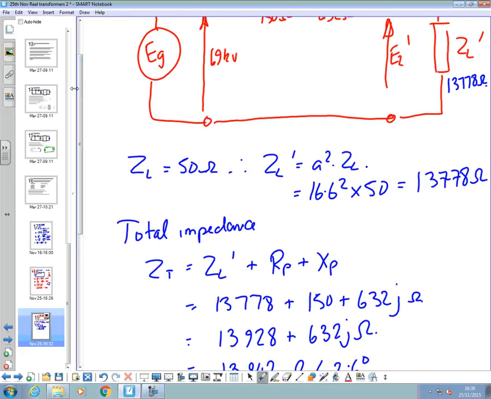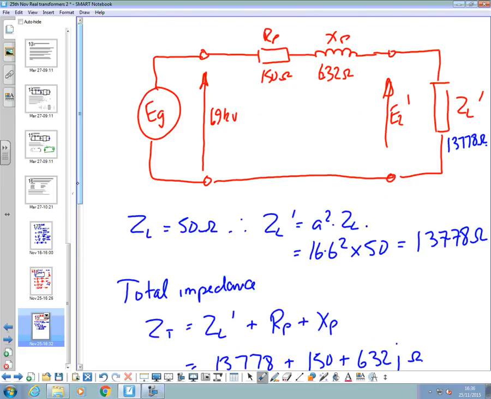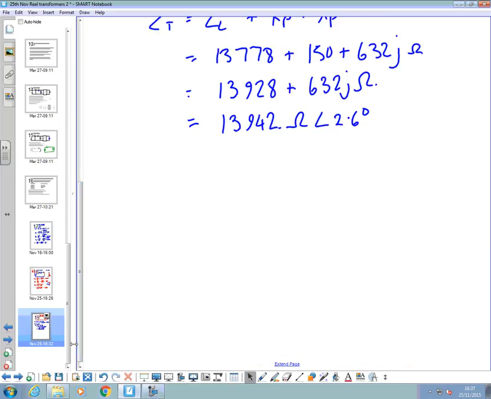Now we know the total impedance of all three components added together. Surely we can find this current IP, can we not? Off we go then, find the current.